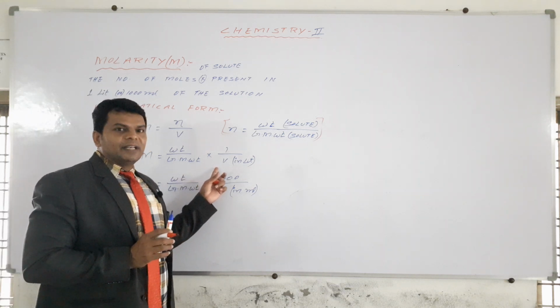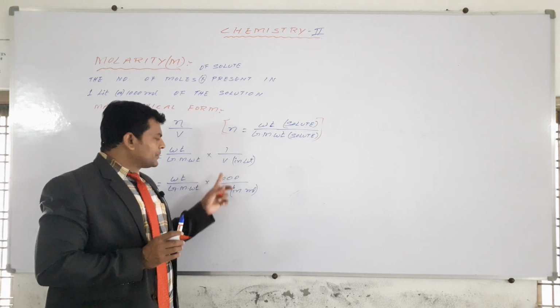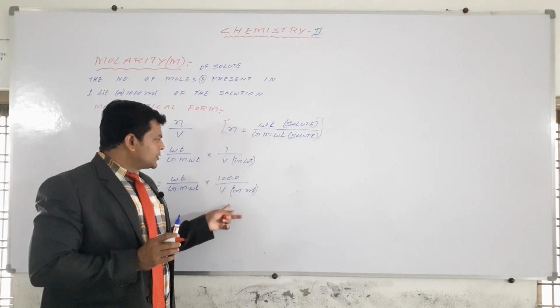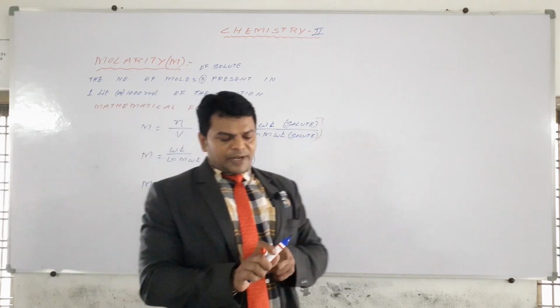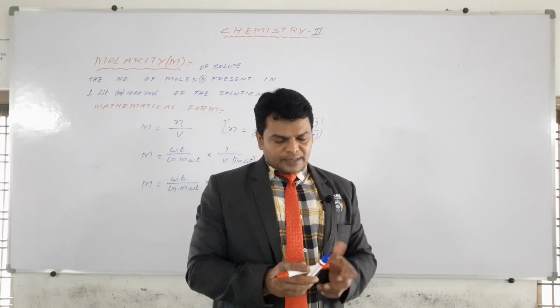When the volume is given in liters, you have to use this formula. When the volume is given in milliliters, you have to use this formula. Okay, so we will solve a problem on this.